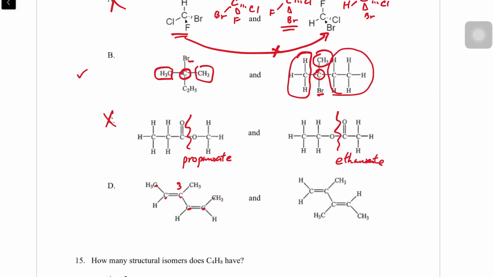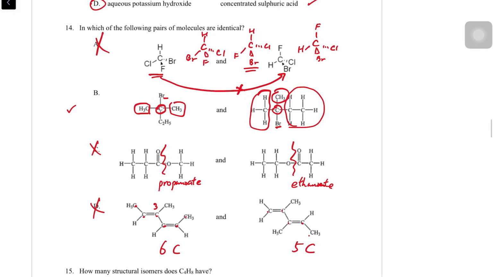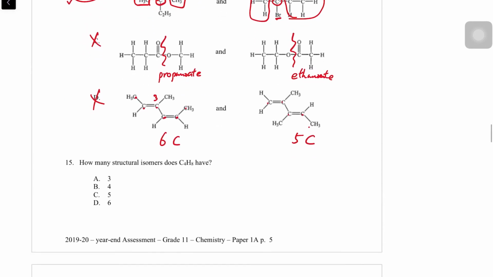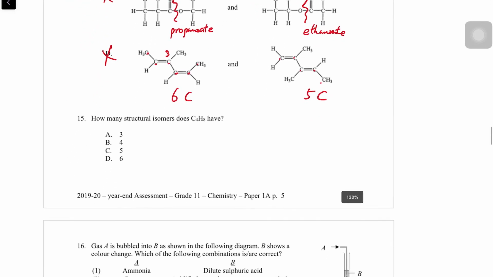Let's see this way. 1, 2, 3, 4, 5. You can see for this one the longest carbon chain only contains 5 carbons, but this one has 6 carbons. So sure, they will not be the same molecule. So 14 should be B. It's a bit complicated.